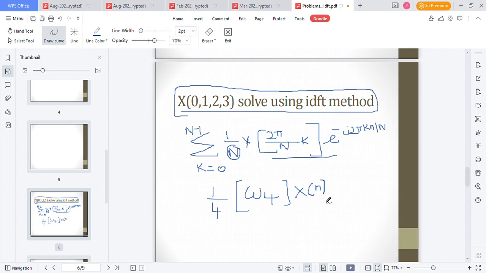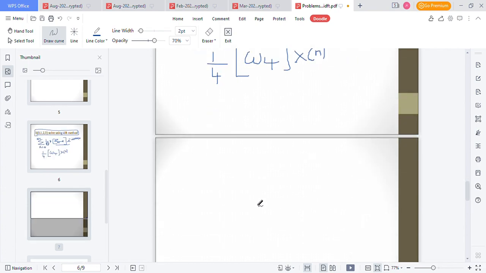Right. So now I'll just take 1 by 4 into the matrix: 1 1 1 1 and 1 1 1 1.